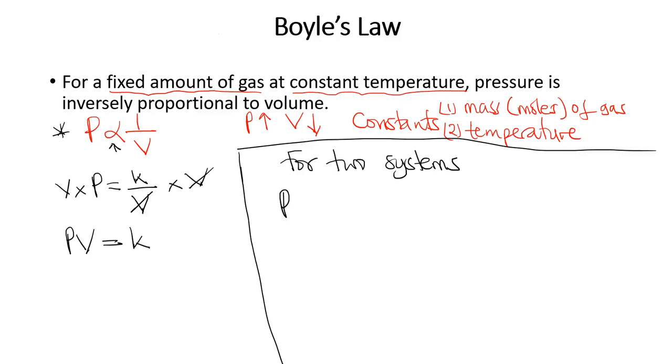I will show that P1 V1 is equal to P2 V2, because both of them have the same answer, and this answer is a constant, which is K. So I can say P1 V1 is equal to P2 V2, which is equal to K. But usually we don't include K at this point.